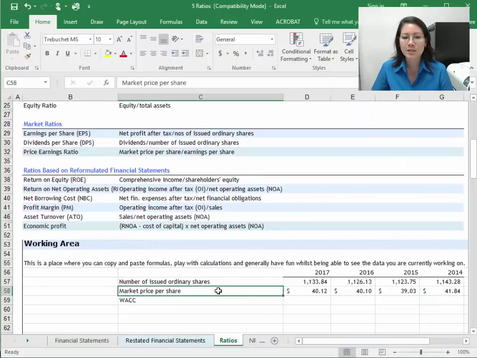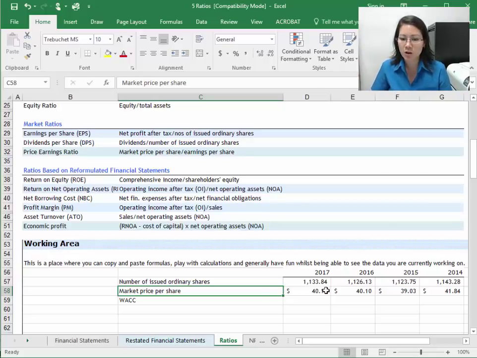Okay, so if your company doesn't give you your market price per share, make sure that you go on to one of the websites and try and locate that. All of your stock exchange websites list the share price, and I know with this Australian Stock Exchange website, you can actually put a date range in, and then it brings up a little graph, and you just hover your mouse over the share price at each point, and it will actually tell you what the share price was.